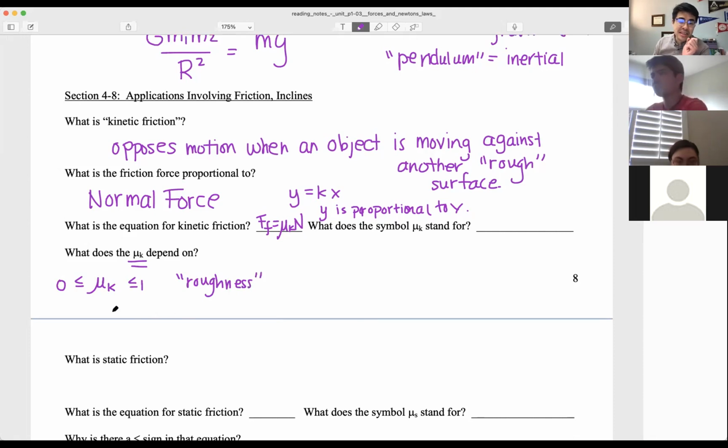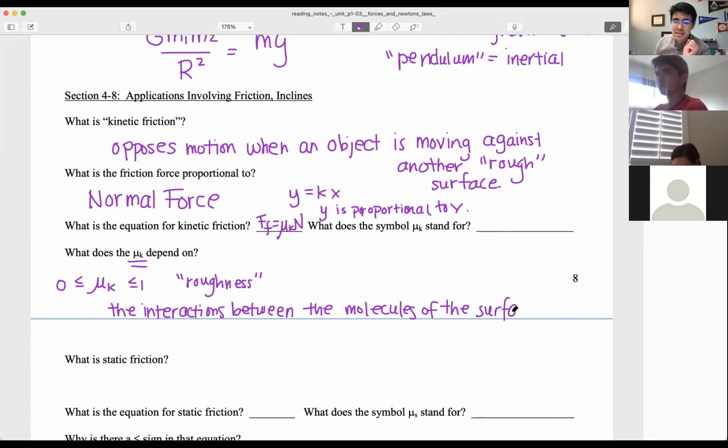So we need to say the interaction between the molecules of the surface and the object.